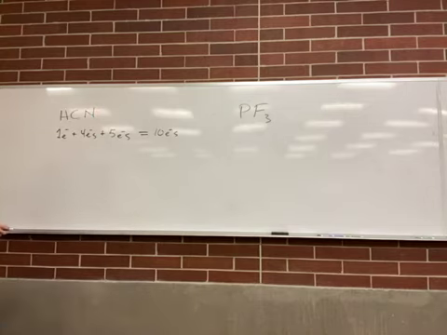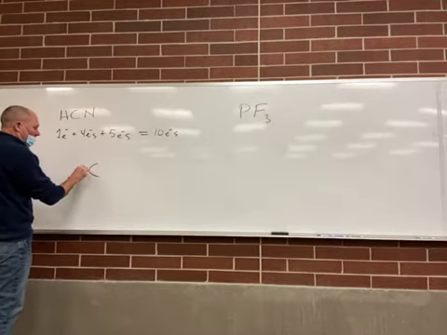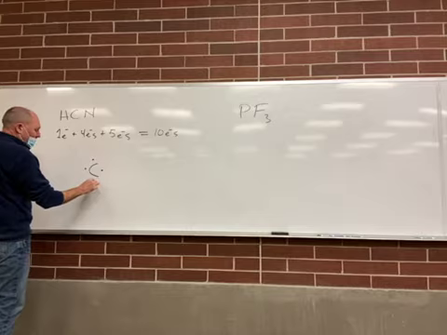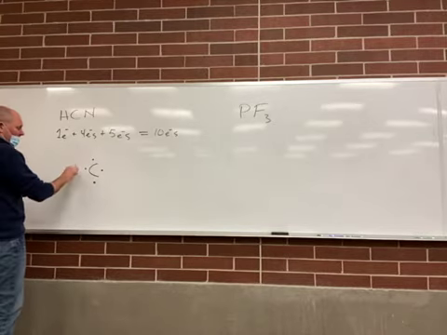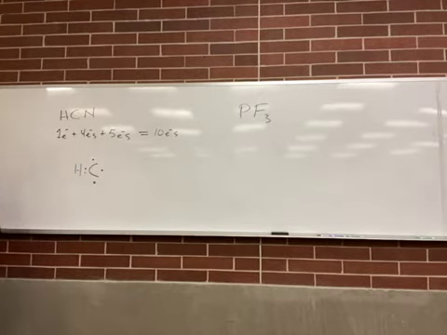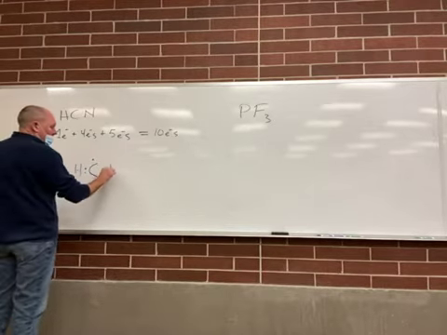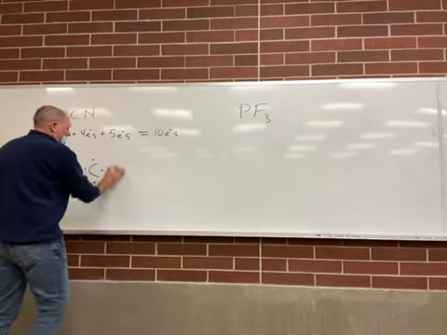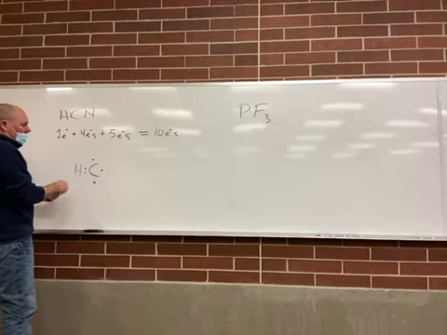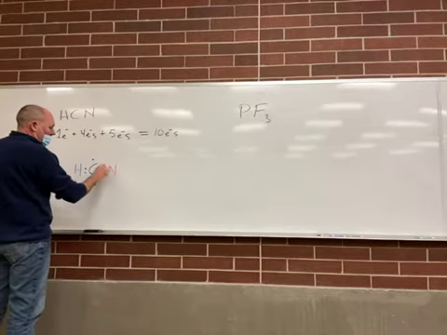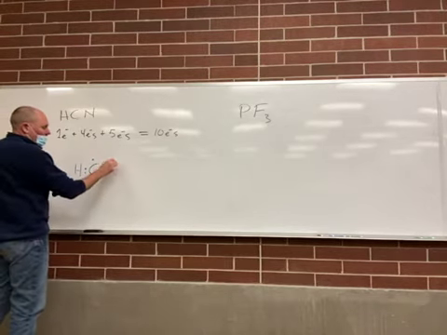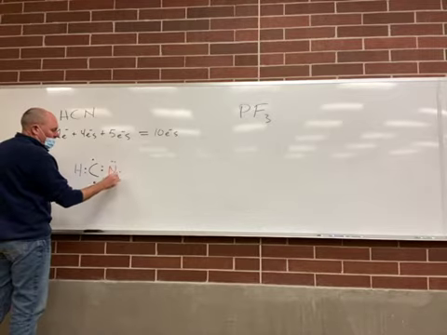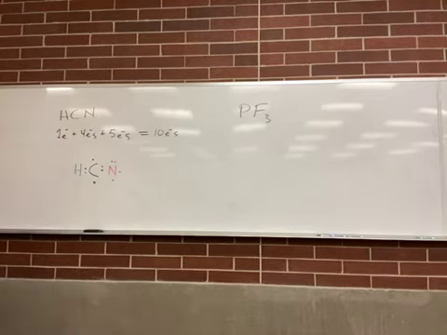Okay, so when I construct carbon with its 4, and I bring in hydrogen with its 1, that side of the molecule is pretty happy. Carbon and hydrogen hang out over there. When I bring nitrogen's 5 in, one of them can bring in its electron, but nitrogen doesn't have enough.